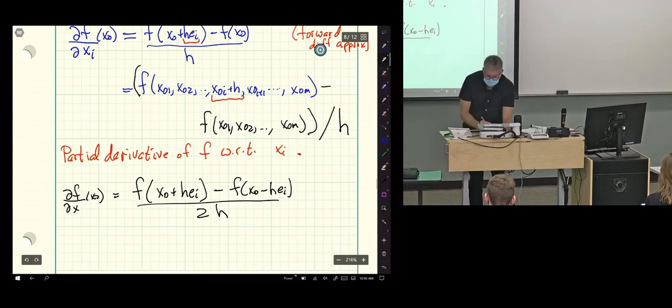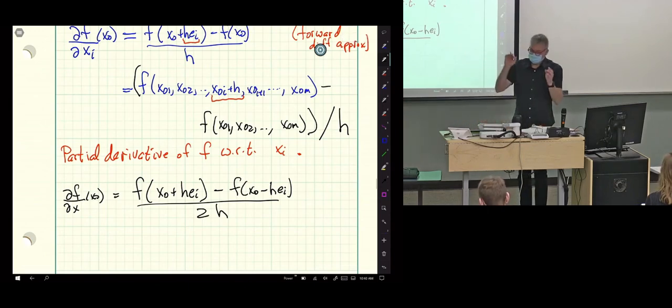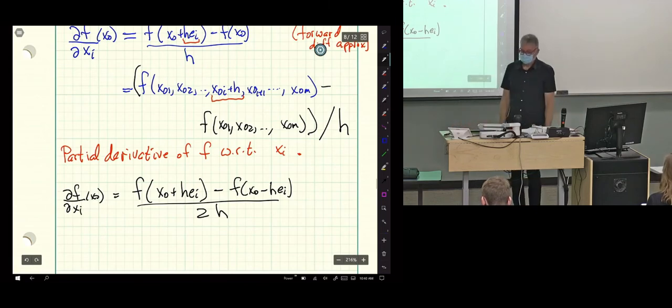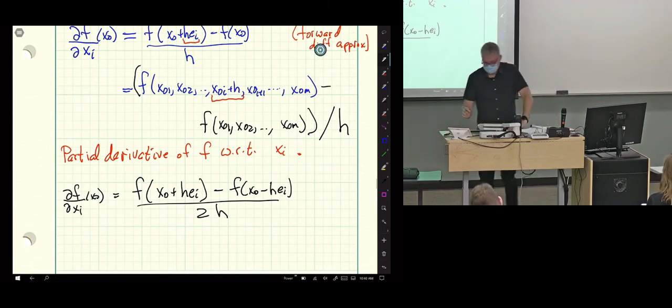I got my 2 in there. Okay, so we just perturb xi. So it's the ith perturbation, so we're doing an ith slope.